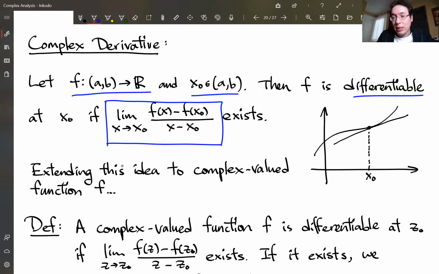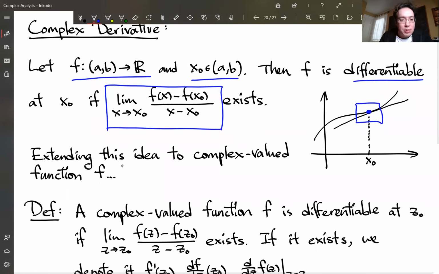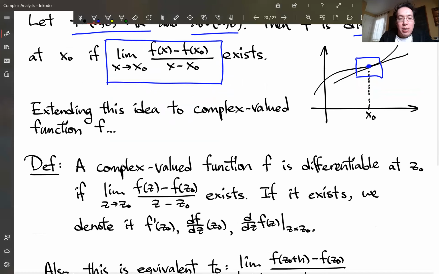And roughly what this means graphically, we can graph it because it's a real function, is that if you zoom into a point x naught, the graph of the function is very similar to a straight line function. That's what that means. Okay, so hopefully that's a review.